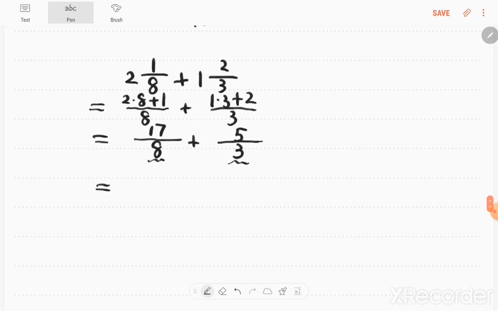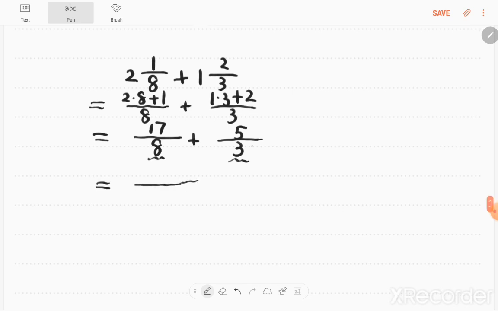And we are doing the addition, so we need to find the least common denominator. For 8 and 3, we realize it's 24. So we will change our fraction to an equivalent fraction with the least common multiple. So we times 3 to get 24 for the first fraction, and for the second fraction to get 24 as our denominator, we need to times 8 for both denominator and numerator.